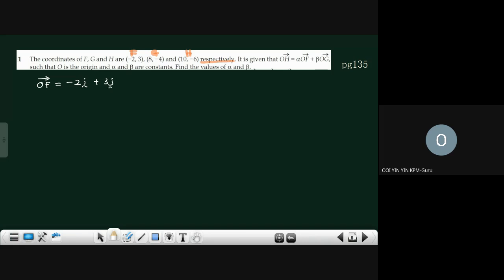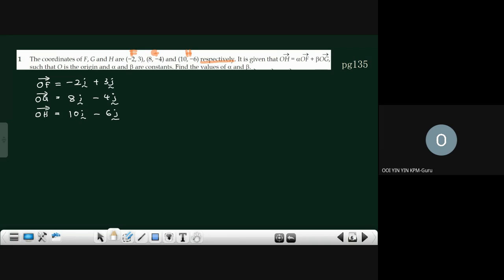We can directly write it like this. Follow the coordinate, it must start from O. And then your G is OG, it must start from O, it will be 8i minus 4j. And then your H, OH, 10i minus 6j. Okay, now you already have your vectors OF, OG, OH.